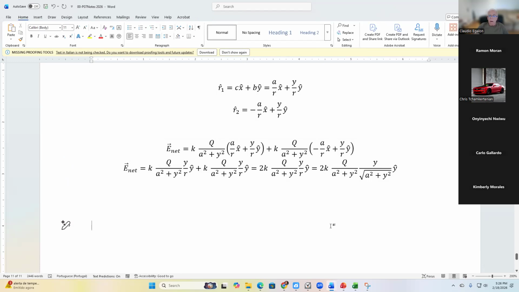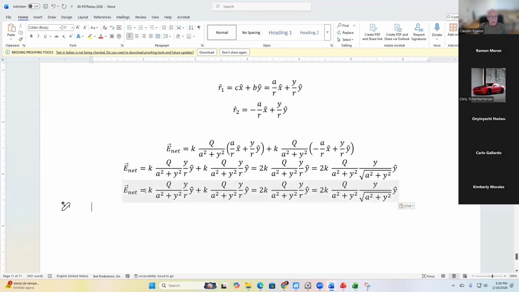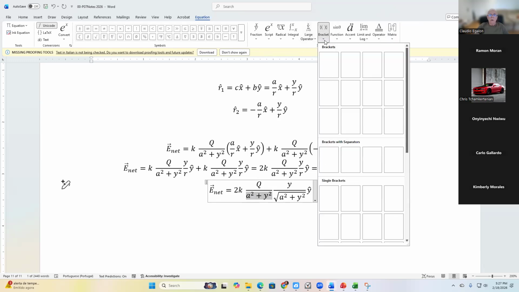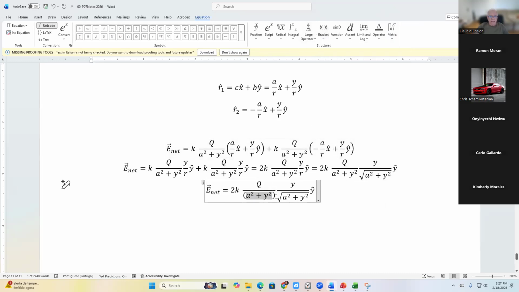There's one more piece of simplification that we can do. We combine those two values that we have right in here: something to the first power, something to the half power. When the two are combined, we get 3.5 power.